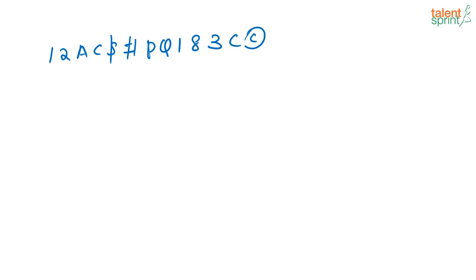Generally in these questions you have three different kinds of elements, right? You will have numbers, you will have alphabets, and then you will have symbols. Basically some sort of arrangement like this is given, PQ 1 8 3, something like this, involving letters, and then numbers and symbols.